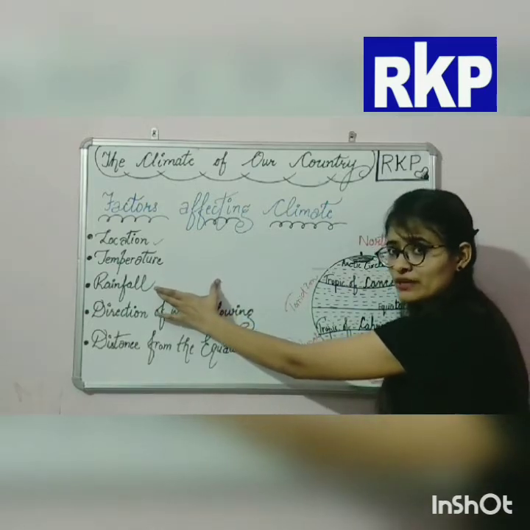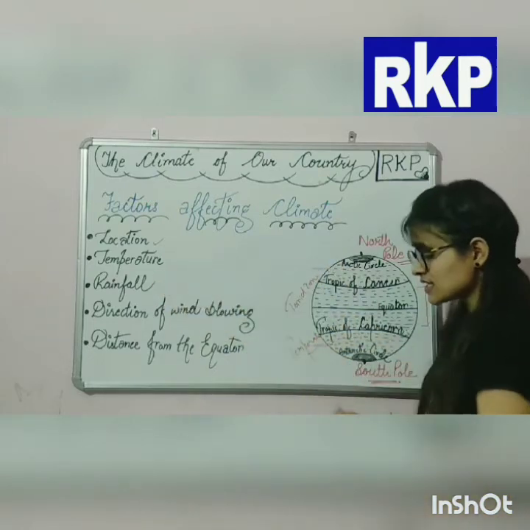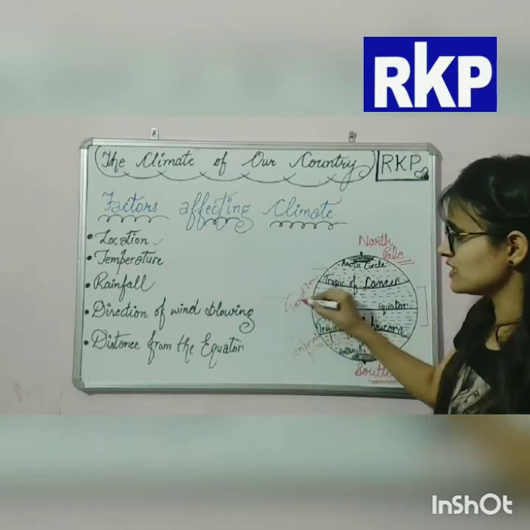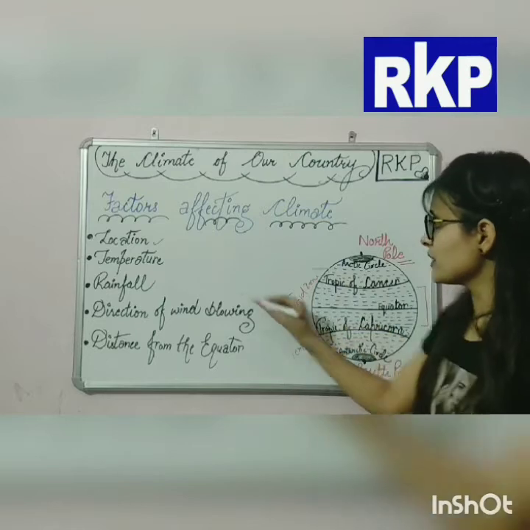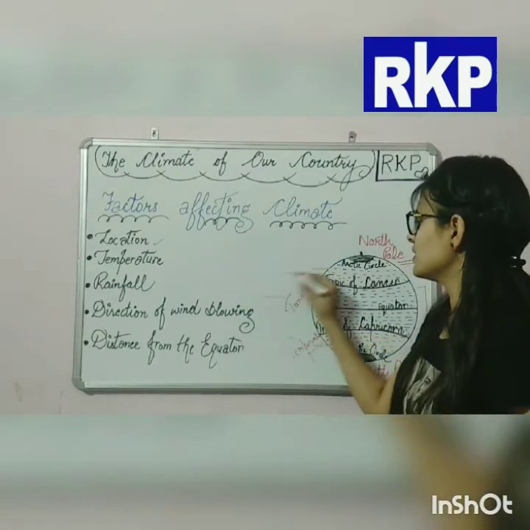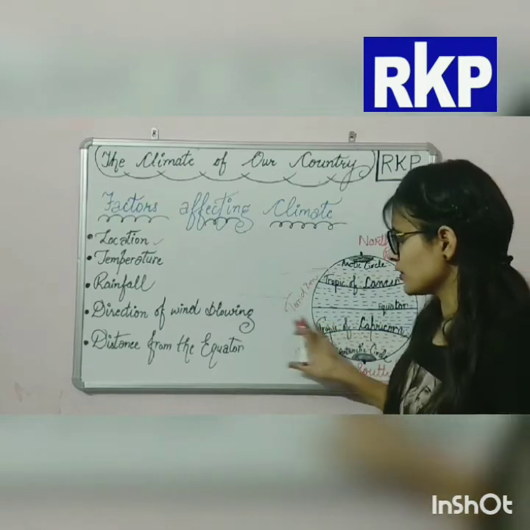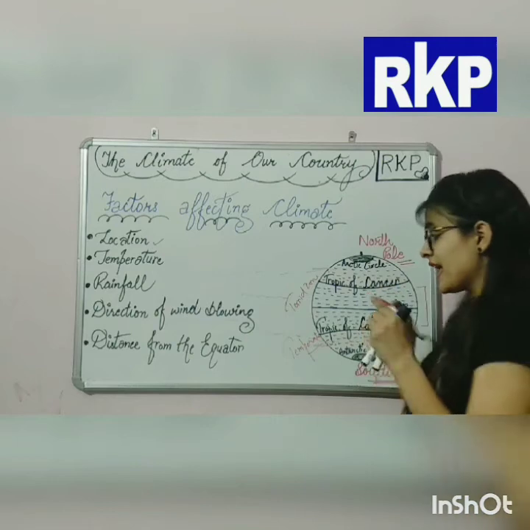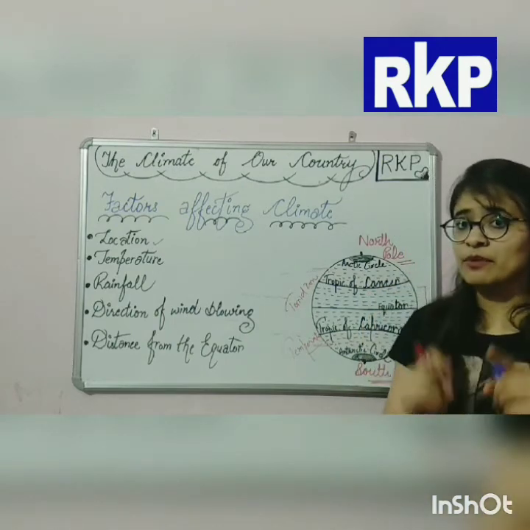Temperate Zone. Now suppose in front of us there is the sun. Then what will happen? These parts will receive slanting rays. If the sun is here, this is experiencing the direct sun rays, completely straight. But now if we come here, then this part will receive the slanting sun rays. And the more a part receives slanting sun rays, the colder that part will be.